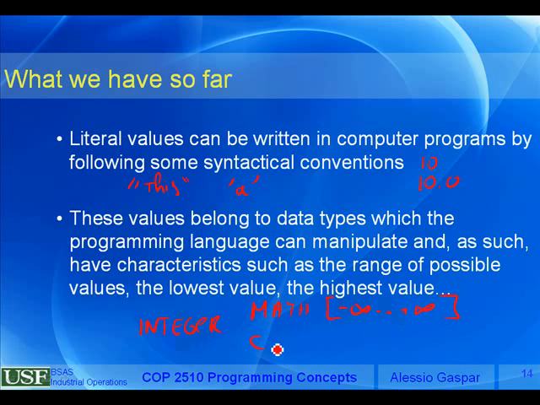Okay? In computing, this is going to be, for instance, on a specific computer and a specific language, anything between something in the line of minus 32,000 to plus 32,000. Okay? Major conceptual difference here. I would call it infinite arithmetic for mathematicians, finite arithmetic for computer scientists.